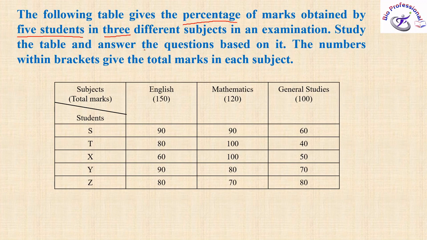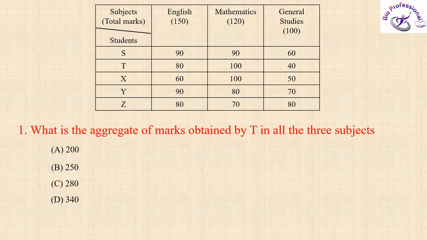The numbers within brackets give the total marks. There are 3 subjects: English, mathematics and general studies, and 5 students. Remember this point that this is giving the percentage, not the marks. Let's see the first question.